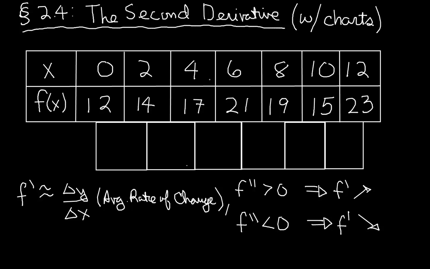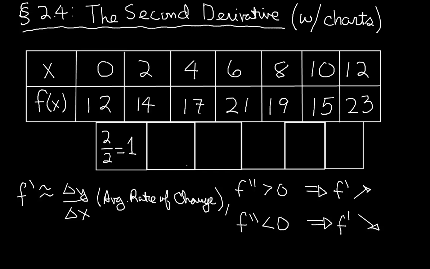So let's get started. In this first box, let's compute the average rate of change over the interval 0 to 2. That's going to give us 14 minus 12 over 2 minus 0. So that's just 2 over 2, which is 1. Let's go to the next interval. Difference in x's is 4 minus 2, that's 2.